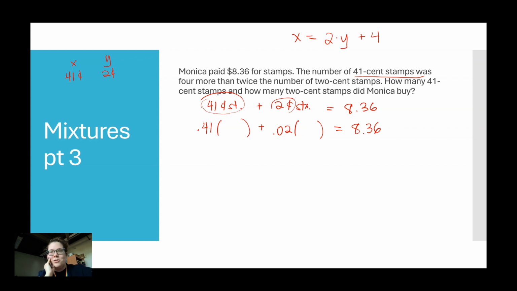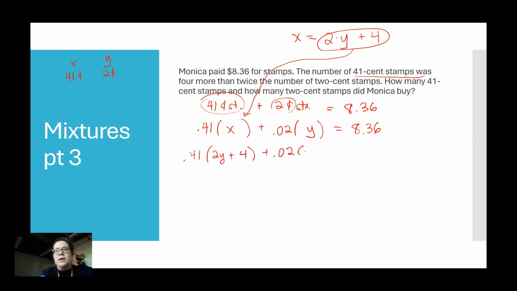All right. So I can just take this lovely thing. What did I say? X was for 41-cent stamps and Y was for 2-cent stamps. So I'm going to take this and plug it in instead of X because I know that X is equal to that whole lovely thing. Okay, we're going to distribute, we're going to solve, we're going to find out how many stamps we bought.